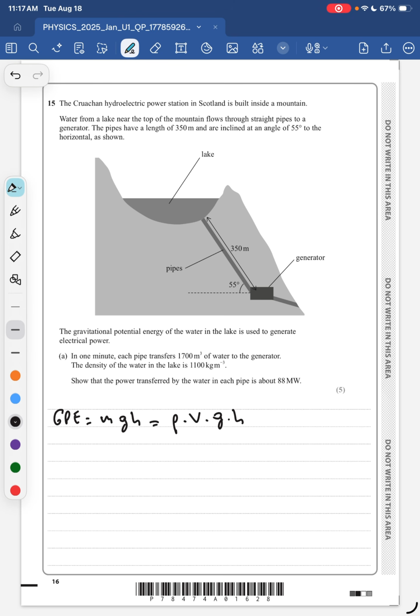We don't know h, but we know the hypotenuse of this triangle. So h is going to be this height that I'm drawing right now with blue. So that's h. So we can see that that can be calculated using sine of 55 is h over the hypotenuse, which is 350. So h is 350 times sine of 55 degrees.